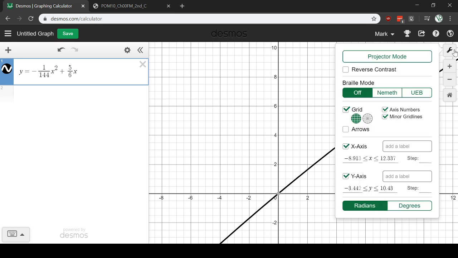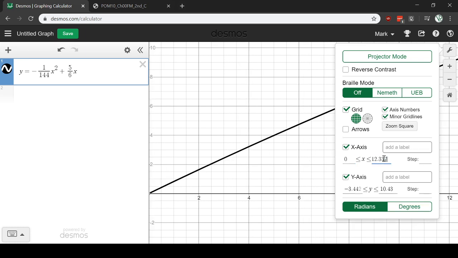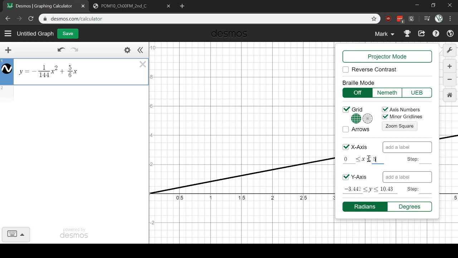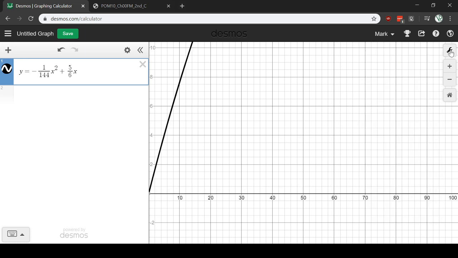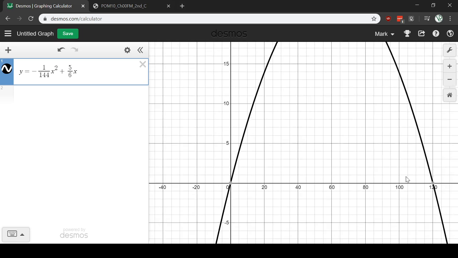I'm going to set my view here. I'm going to start at 0 on the x-axis and test out. 50 doesn't seem to be big enough. There we go, 0 to 120.